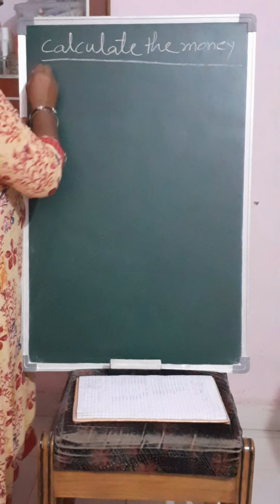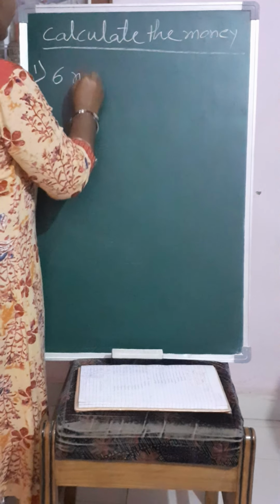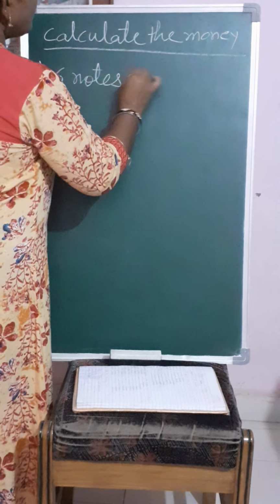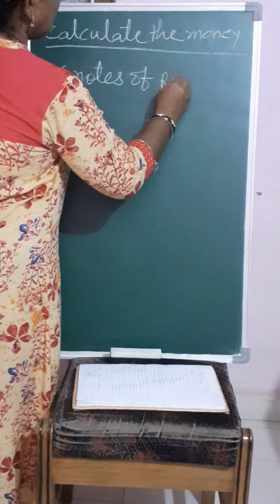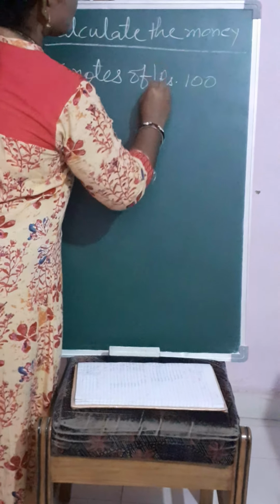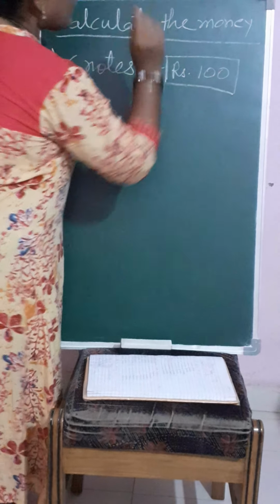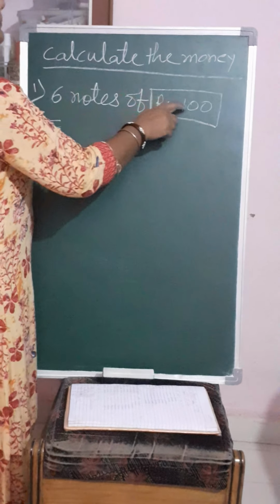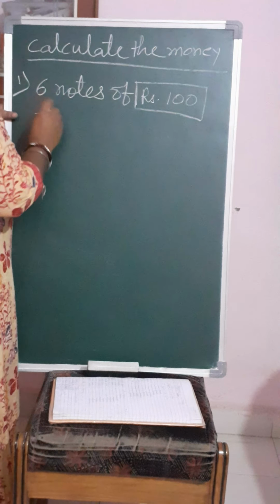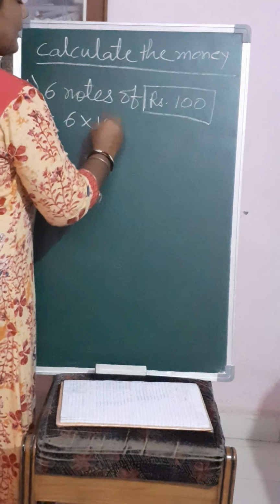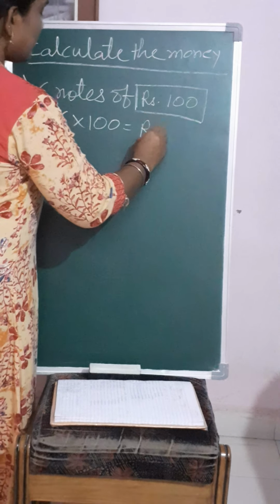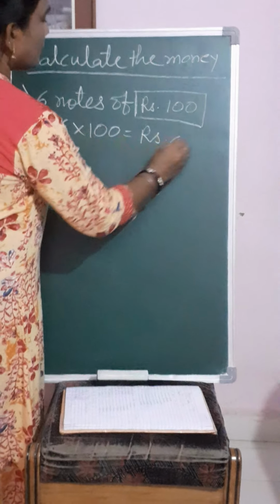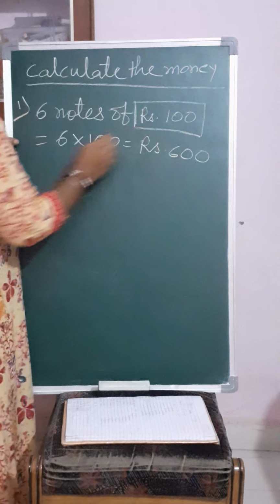So I will give an example: 6 notes of rupees 100. Suppose this is the 100 rupee note. So 6 notes. How many notes are there? 6. So in this case, how will we find the total money amount? We will multiply these two, rupees 100 multiplied by 6. 6 into 100 equal to rupees 600.